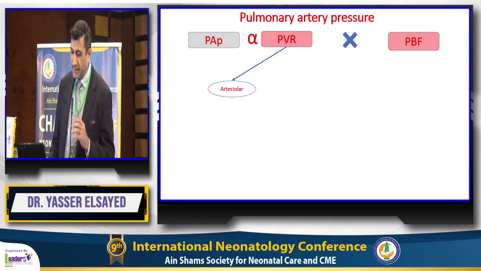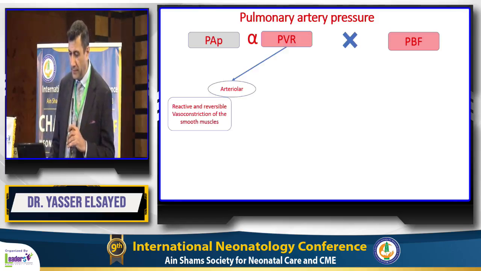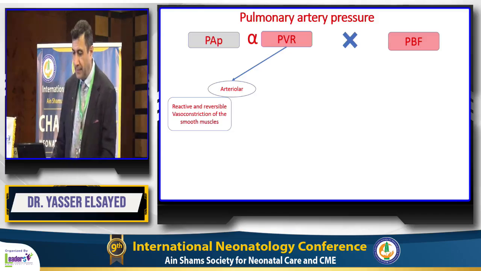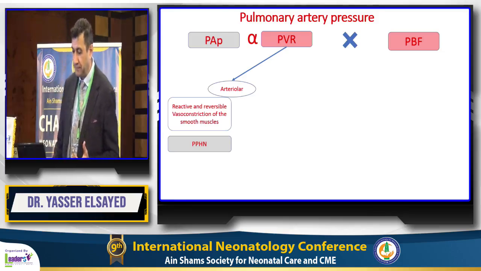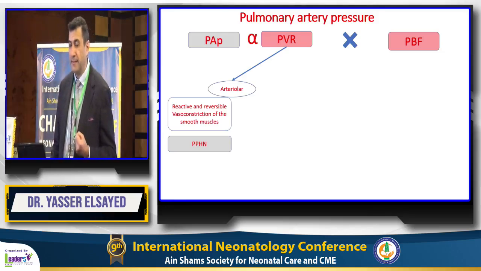And the resistance is of 2 types. Either arteriolar, which is the reactive and reversible vasoconstriction of the smooth muscle or muscular layer of the arterioles, and it's typically baby pulmonary hypertension. And this muscle layer is very sensitive to high oxygen.